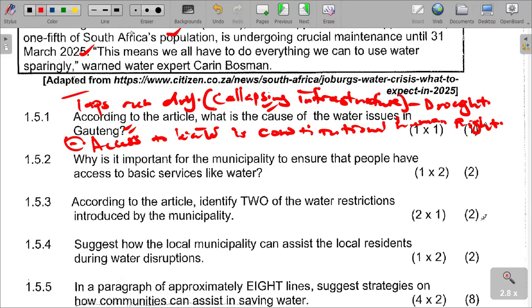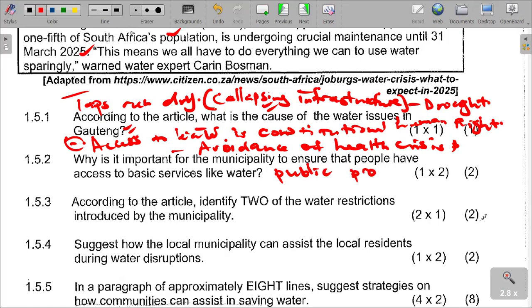It is also to avoid a health crisis and public protests.